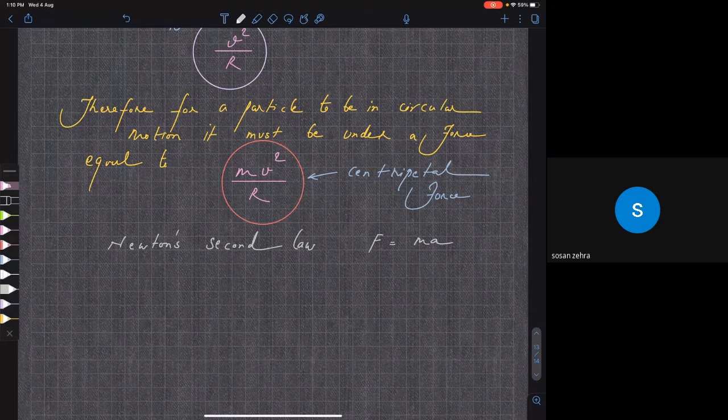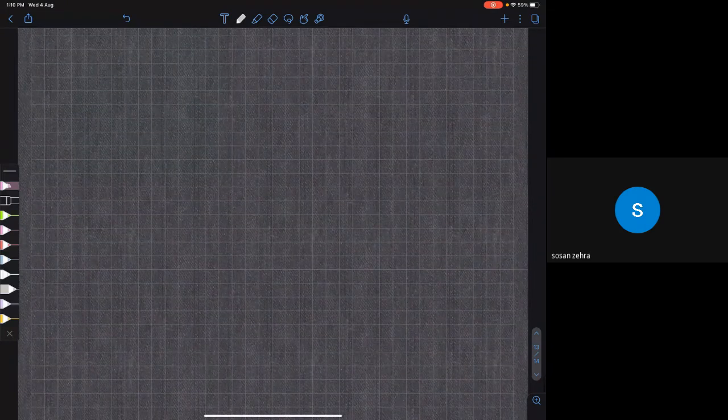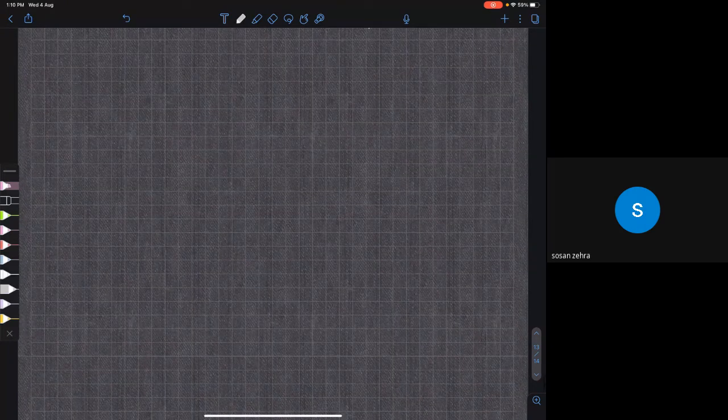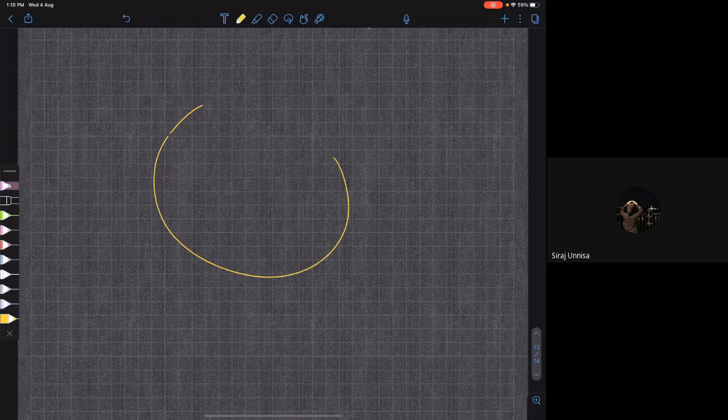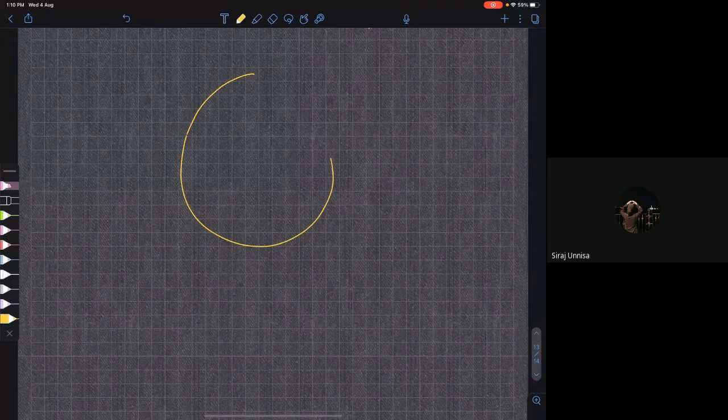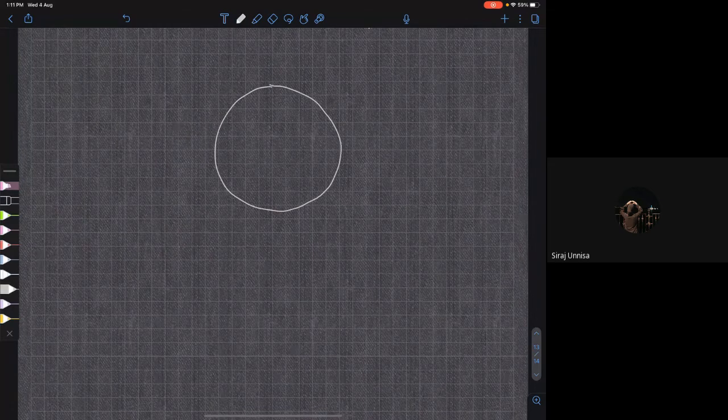What is the force that is pulling the car towards center for it to go in circle?